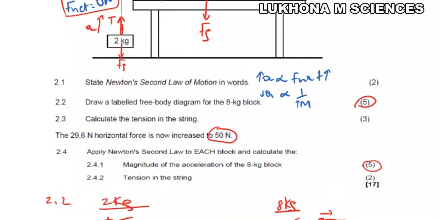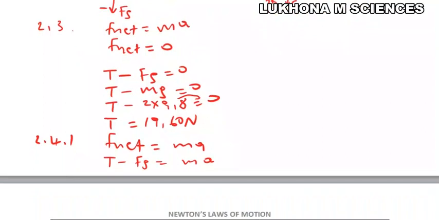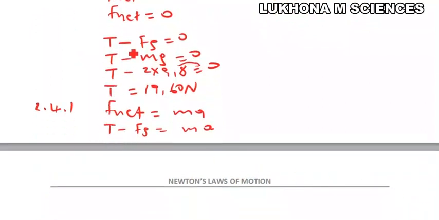Now if we look here, we have tension and Fg, which means we have positive tension minus Fg, which is equal to MA, right? Then let's continue. The tension is the same throughout. So the tension, no, it's not the same.